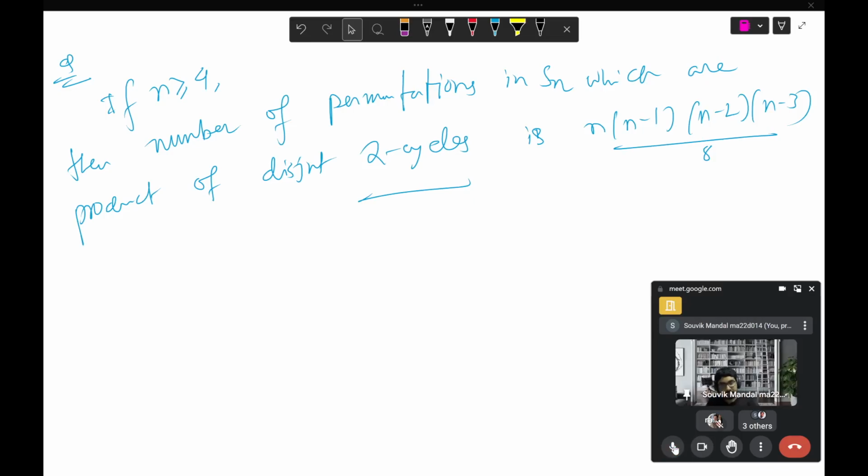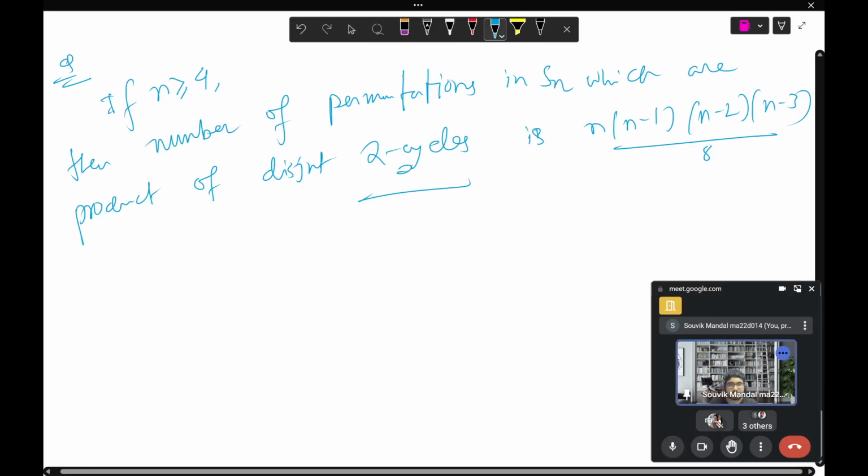What is the answer? So it's basically disjoint two cycles, right?